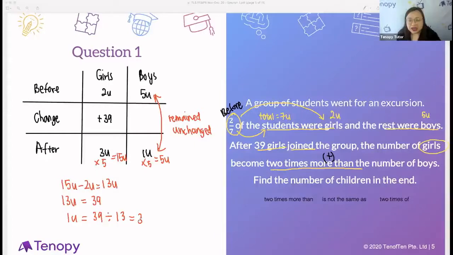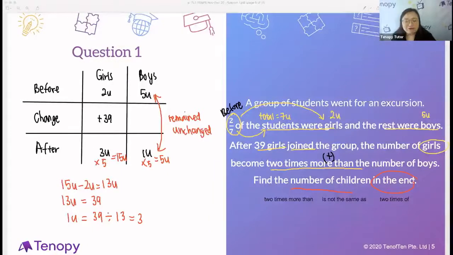The last part of the question asks us to find the number of children in the end. So let's observe the end, which is also the same as the table of after. So how many units are there? Bethany, calculate your answer again. Under the after, I have 15 units of girls, 5 units of boys.